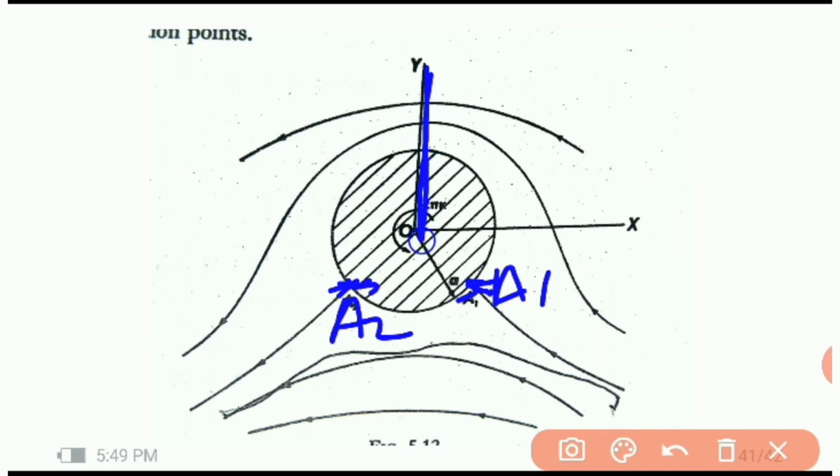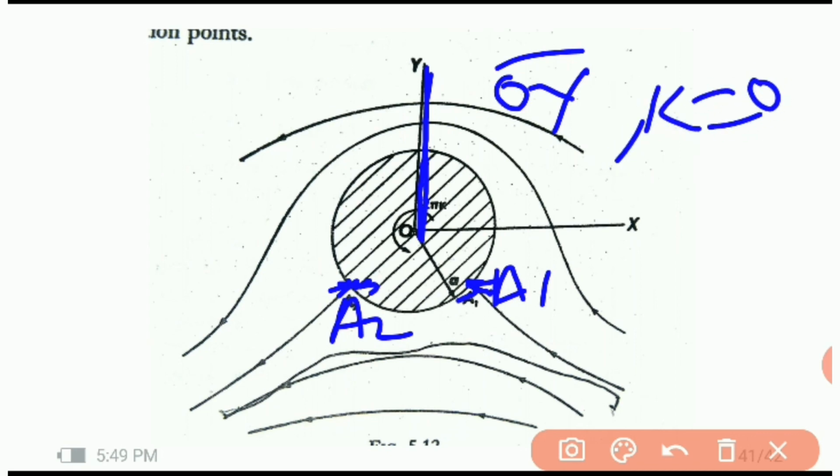In case when k is equal to 0, the streamline flow is symmetrical about the plane y is equal to 0, and there is no such tendency.